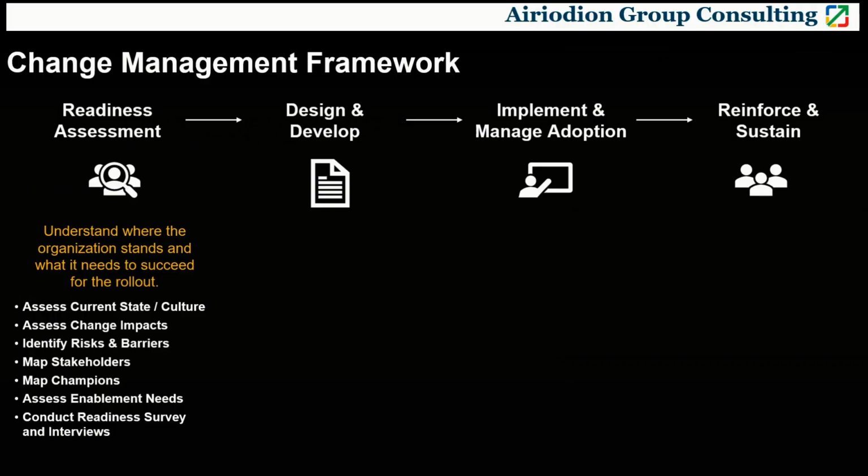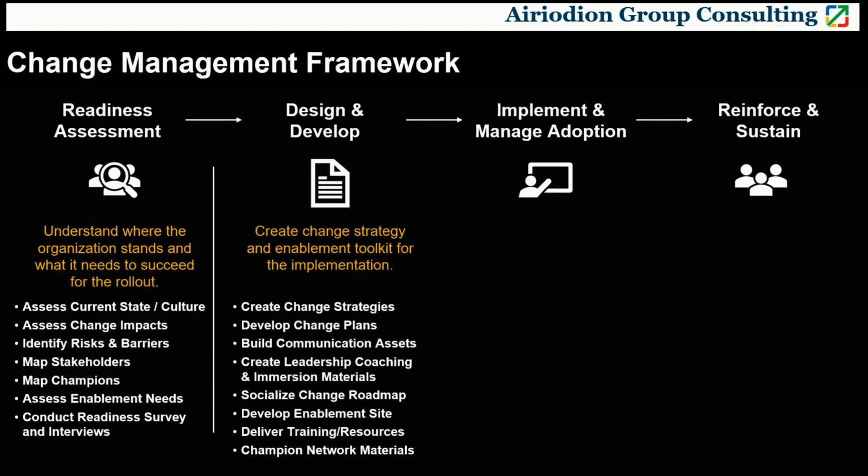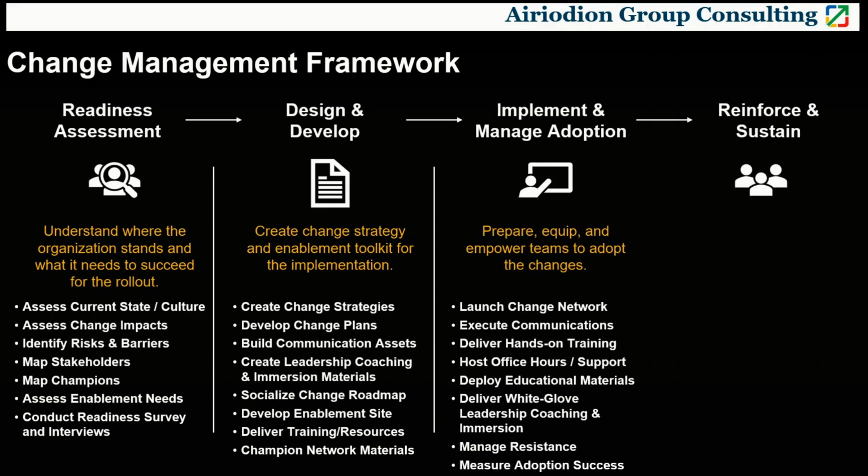So the first phase was to ensure that we conducted readiness assessments to identify how ready impacted groups were to adopt the changes. We then moved on to design, where we built the change strategies, the detailed plans, as well as materials for delivering change management for the manufacturing project implementation.